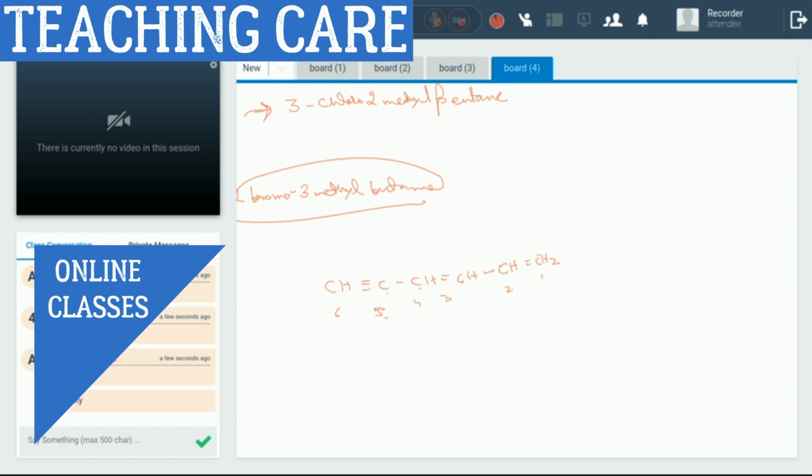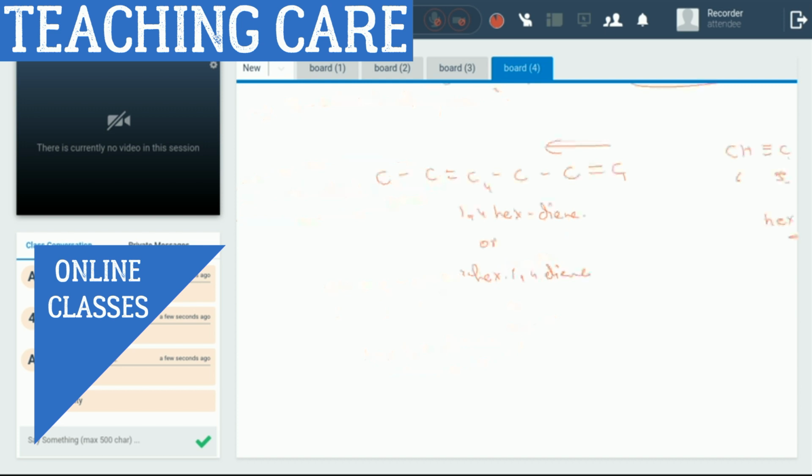So the double bond is at one and three, and in total it is six carbons. So hex-1,3-dien-5-yne. It is quite simple. Are you sure? Yes, because it's 1 and 3 for the double bond, and 5 is just for the triple bond.